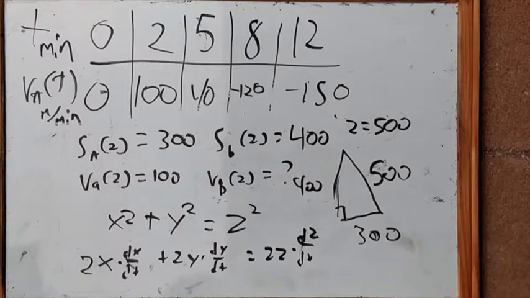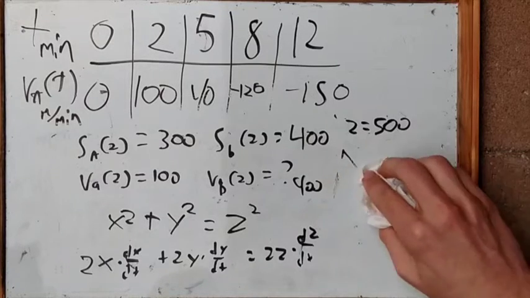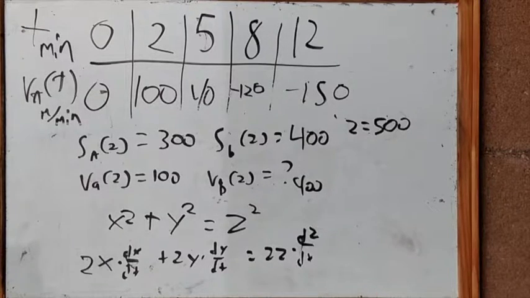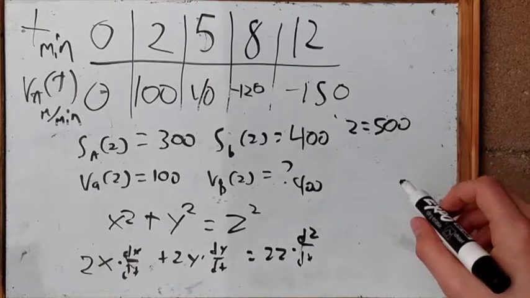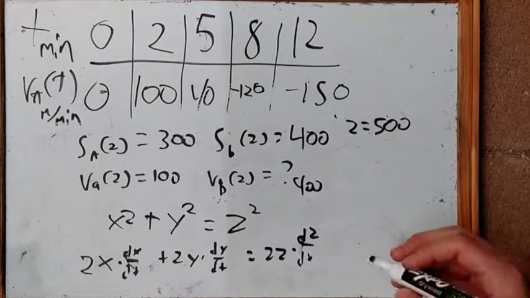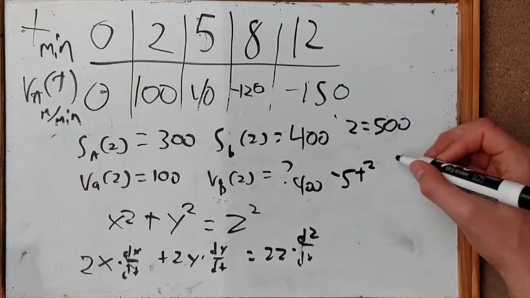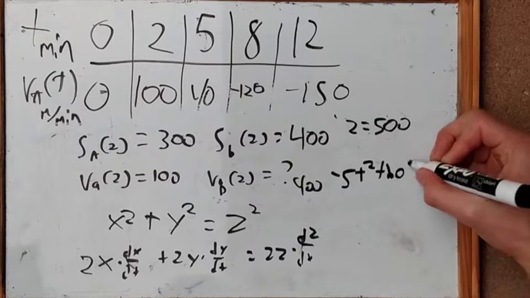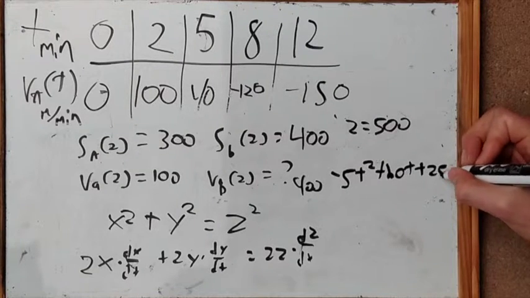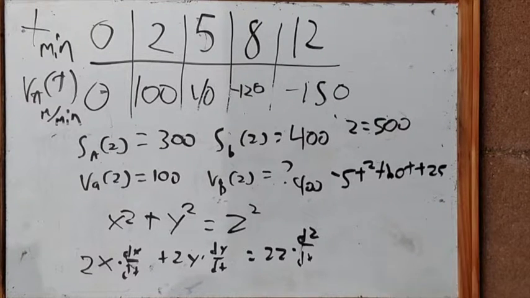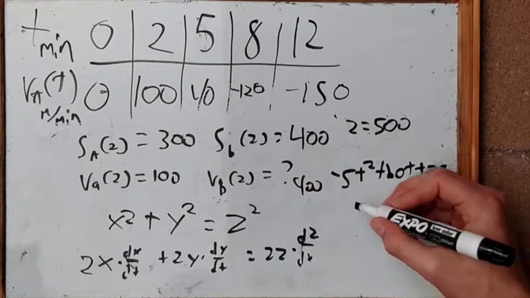Right? The next bit you want to solve for is the velocity of train B at time equals 2. Then you put that all together and solve for dz over dt, because you know all the other values. So we know that the equation is negative 5t squared plus 60t plus 25. That time is 2, so let's just plug that in.